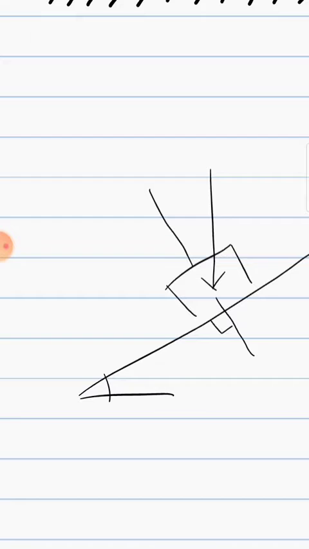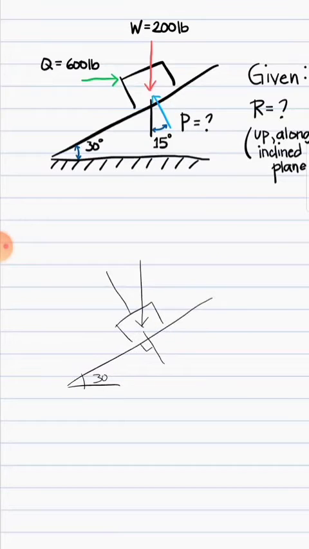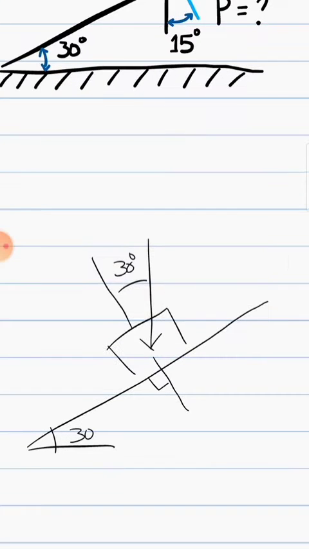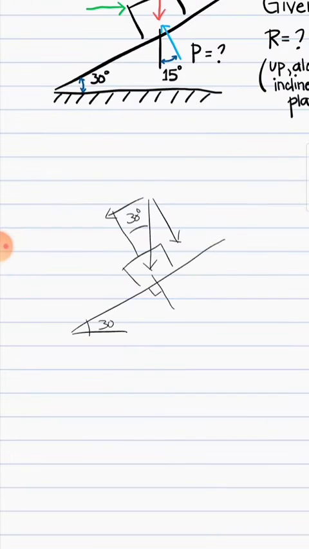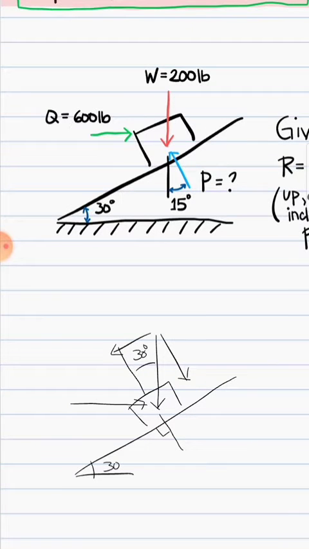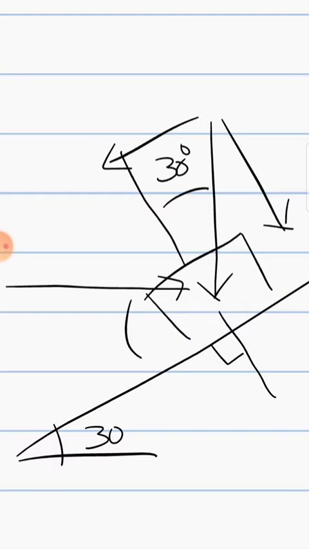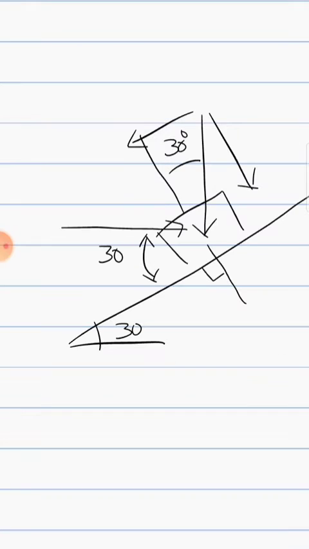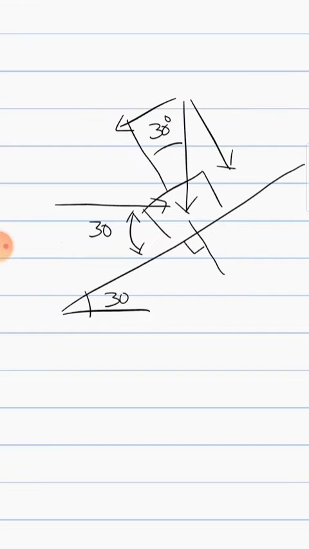If this is 30, automatically this is 30. Then it has a component here, and a component here. And the other force here, this green one, 600, the angle between that is 30. Hope you see that.